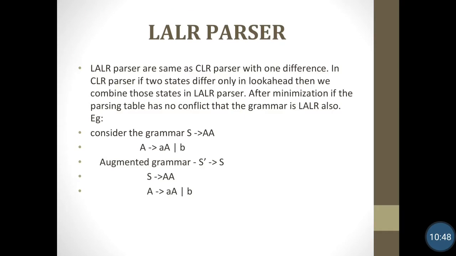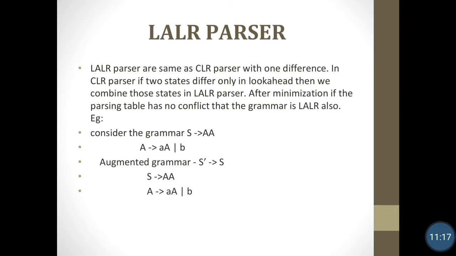Our last bottom-up parser is the LALR parser. This is the same as the CLR parser, but only one difference exists here. In the CLR parser, if two states differ only in lookahead, then we combine those states in the LALR parser. After minimization, if the parsing table has no conflict, then the grammar is an LALR grammar.